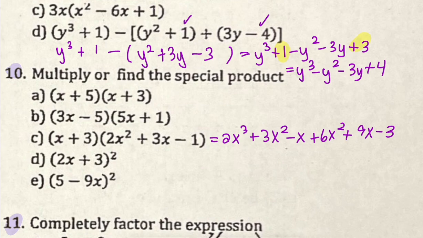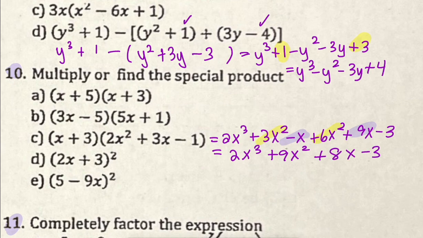Now, again, you should get in the habit of going in descending order. The x squareds are like terms. Combine those. The plain old x's are like terms. So our final answer for 10C would be 2x cubed plus 9x squared plus 8x minus 3.